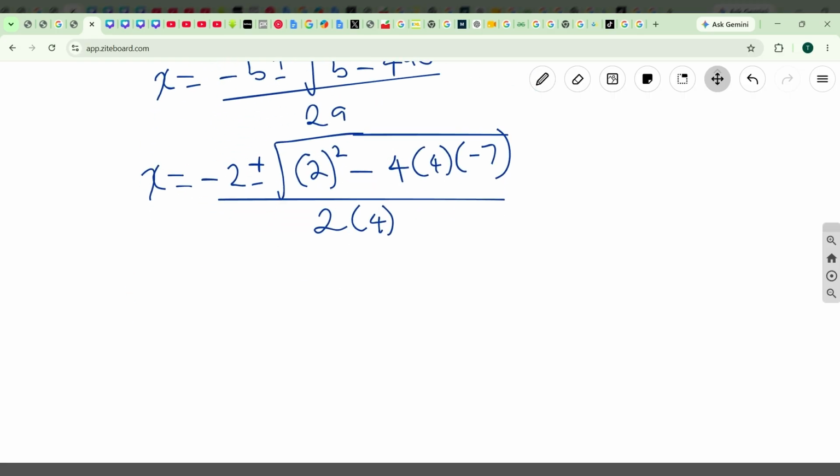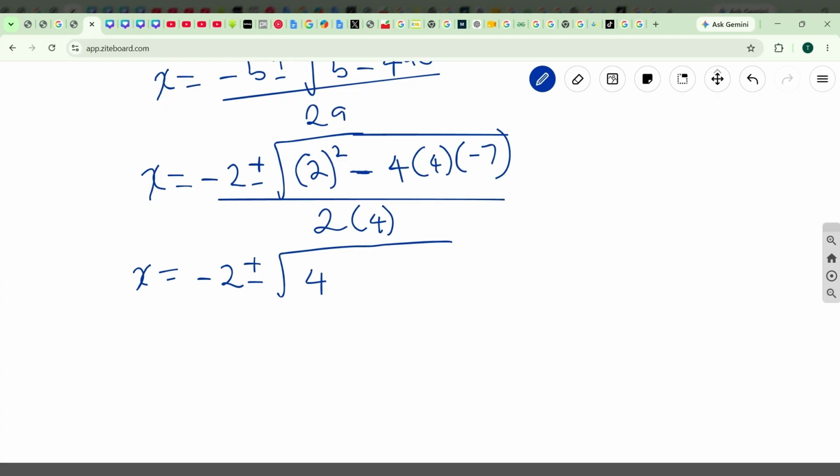What that simply means is that our x is equal to negative 2 plus or minus the square root of 2 squared is 4. That's 2 times 2, that's 4. 4 times 4 is 16. And then 16 multiplied by 7 is going to give us 112.